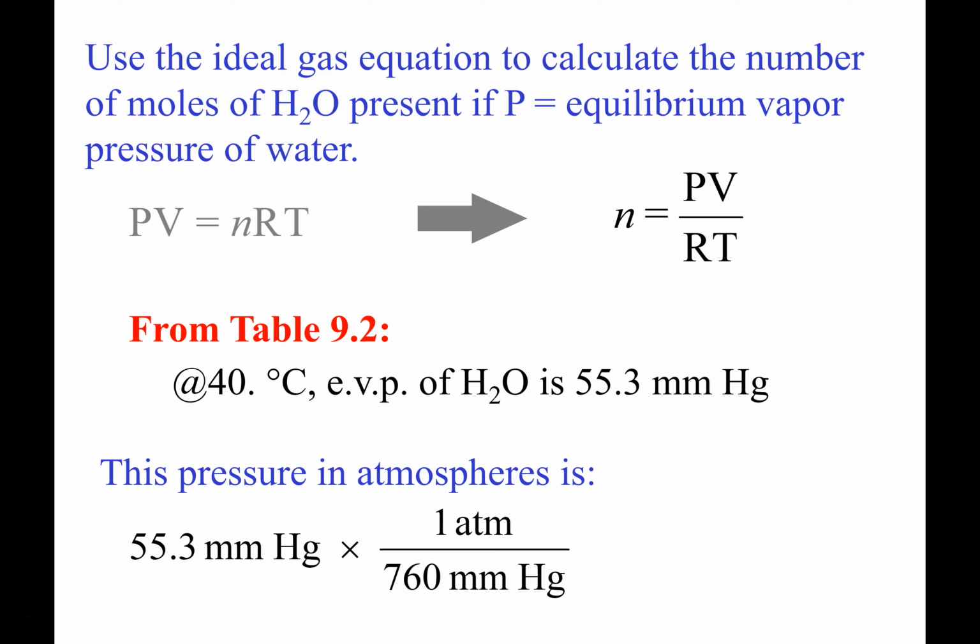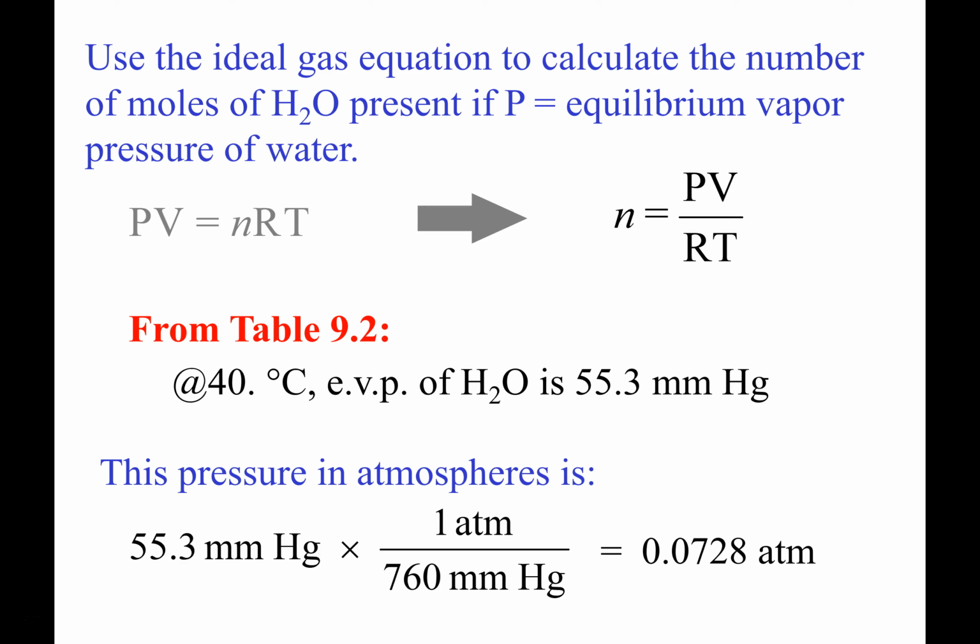The millimeters of mercury cancel out, leaving atmospheres, 3 sig figs, and you're looking at 0.0728 atmospheres. Remember, that is the equilibrium vapor pressure, the maximum vapor pressure you will have at that temperature in that container.